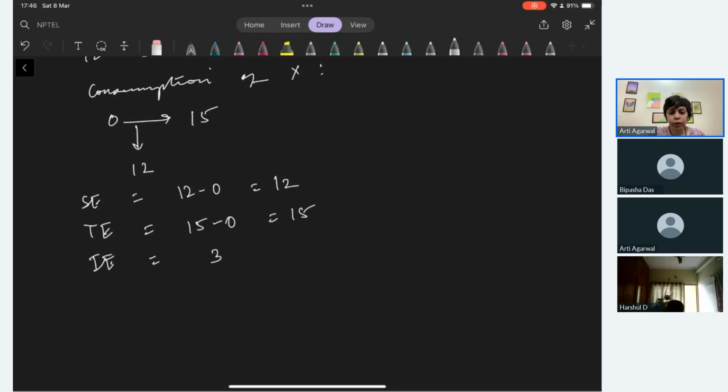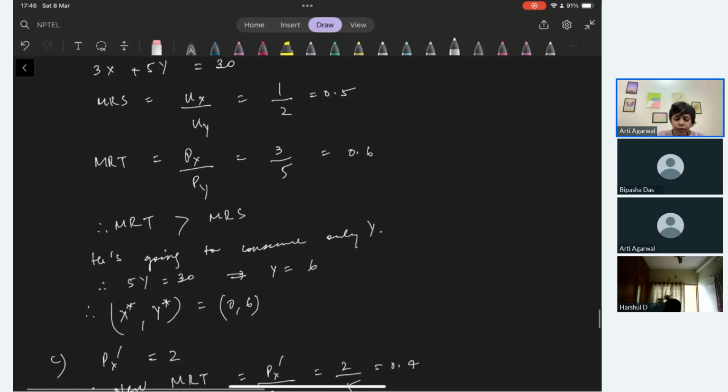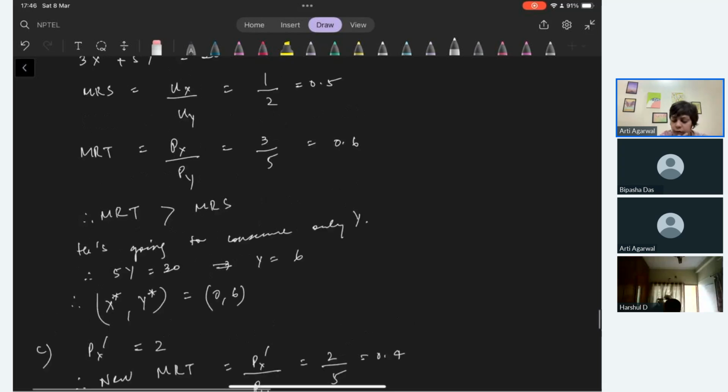Let me explain what I've just done in case. So let me recap this. We knew the original consumption bundle. We knew initially the consumer was consuming only Y, no X, right? Because we had relative price of X versus Y and relative marginal utility.